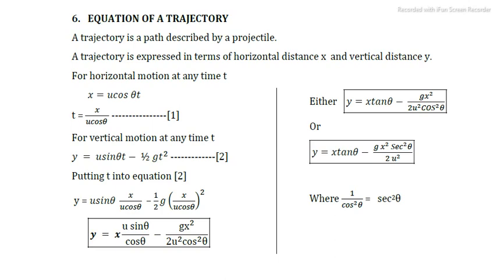And if we are to simplify this, we end up with y as x tan theta minus g x squared sec squared theta over 2 u squared. So that is the equation of the trajectory.